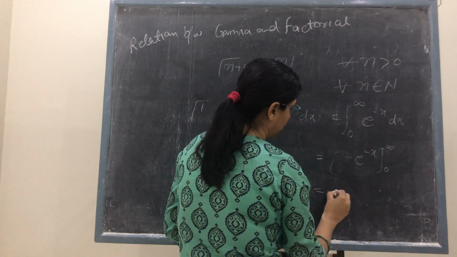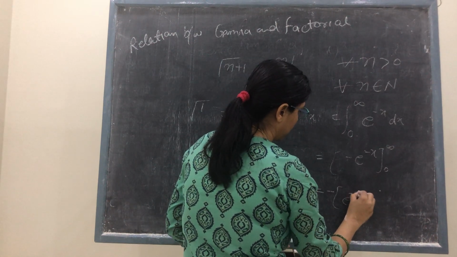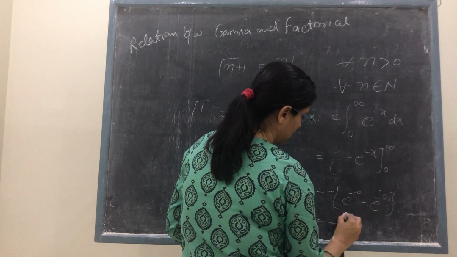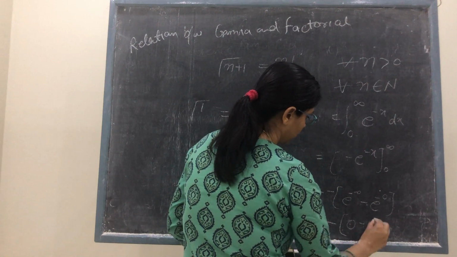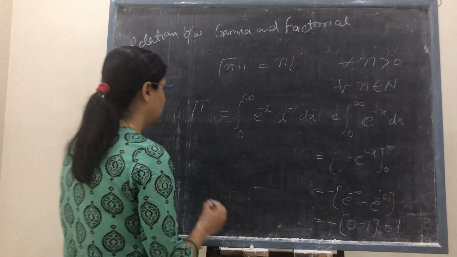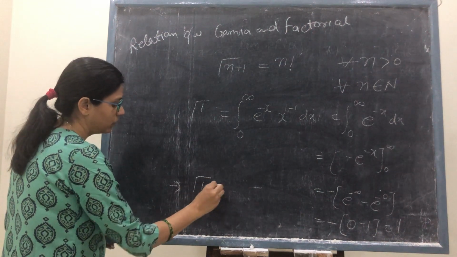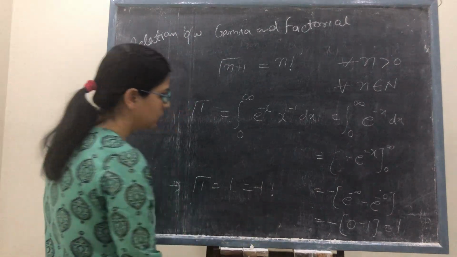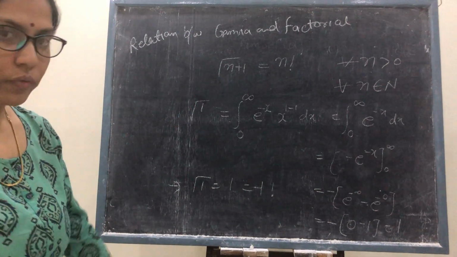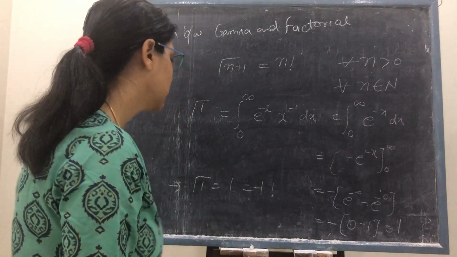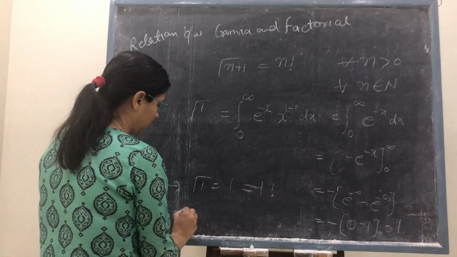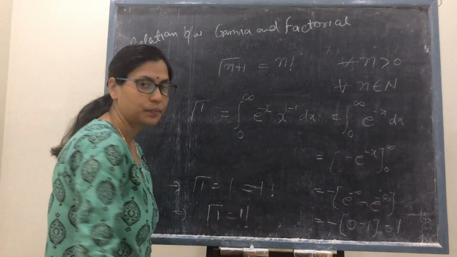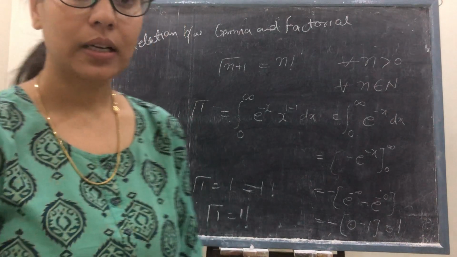Applying the limits, minus of e raised to the power minus infinity minus e raised to the power minus 0. This is minus, 0 minus 1, which is 1. We can say gamma of 1 is 1, and since factorial 1 is 1, gamma of 1 equals 1, which equals factorial 1. So gamma of 1 is equal to factorial 1. Clear?